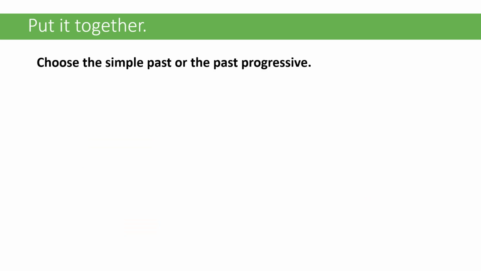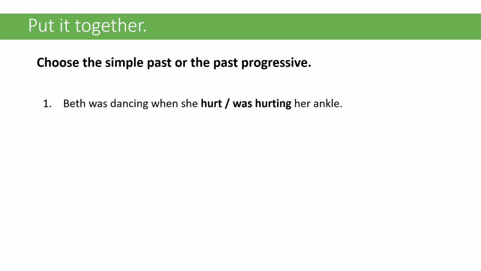So in this one, we want to choose between the simple past or the past progressive. Remember that the simple past is the shorter of the two actions that was finished, and the progressive is going to be the action that was in progress when something else happened.